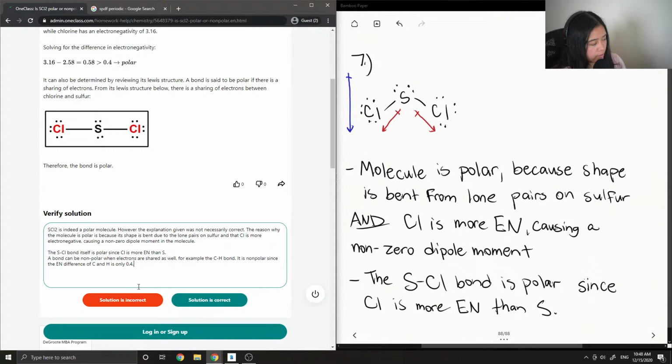Okay, and then I just also added that a bond can be nonpolar when electrons are shared as well. For example, the carbon-hydrogen bond is nonpolar since the electronegativity difference of carbon and hydrogen is only 0.4.